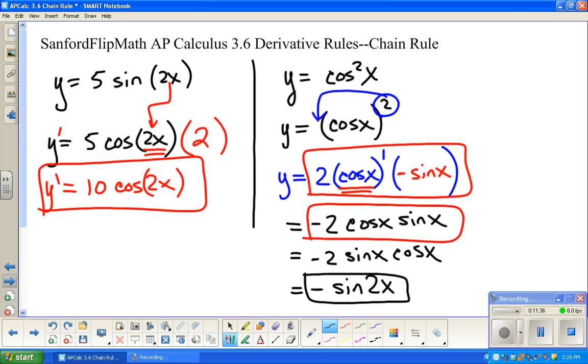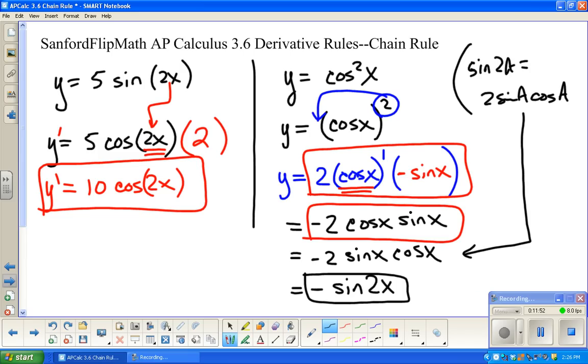So this is another way to write this. This is back from chapter 5 in our pre-calc book from last year. Sine of 2a is equal to 2 sine a cosine a. So if you happen to remember that, that's this with a negative sign out in front. I just brought the negative along, a factor of negative 1.